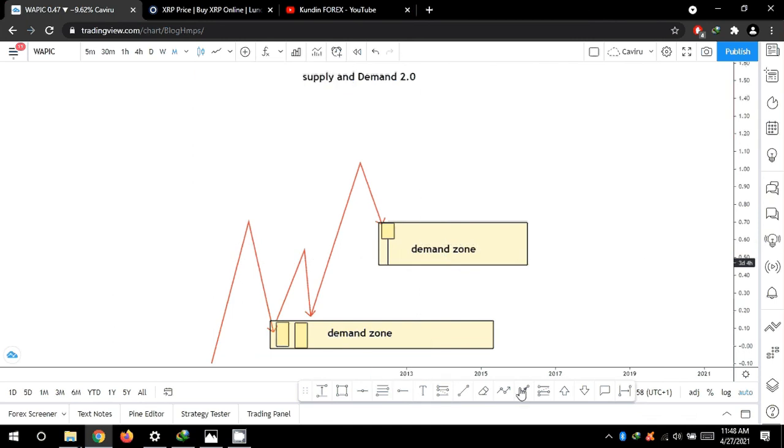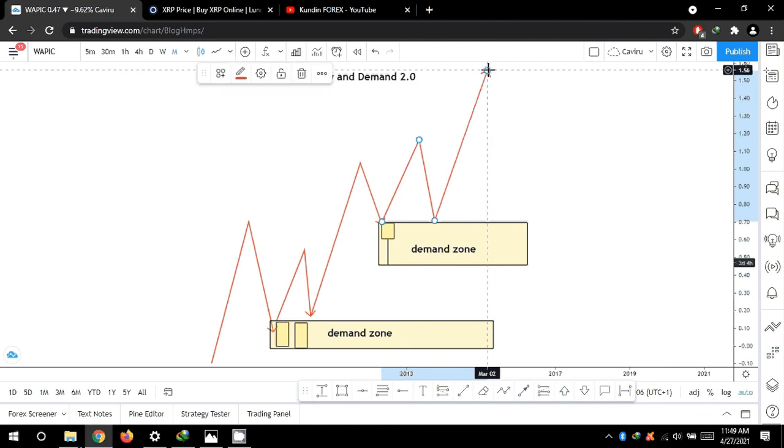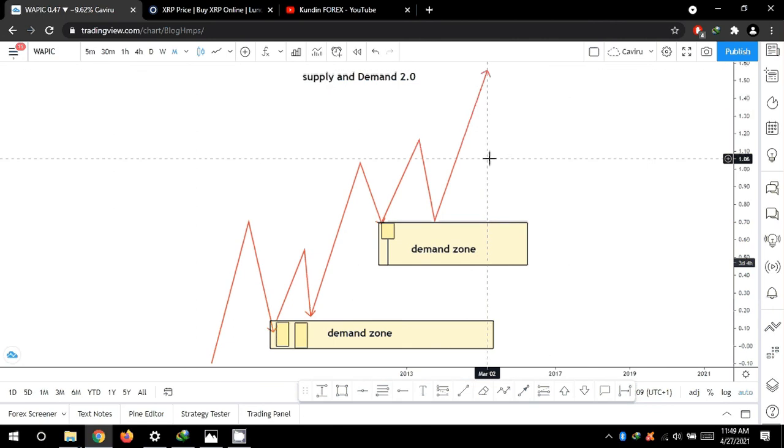You see, then it would go up maybe higher, then come back to this level, and then up. So when you carefully analyze the market from an objective point of view, this is what you will see happening. I hope with this video you grasp the actual concept of how supply and demand work.